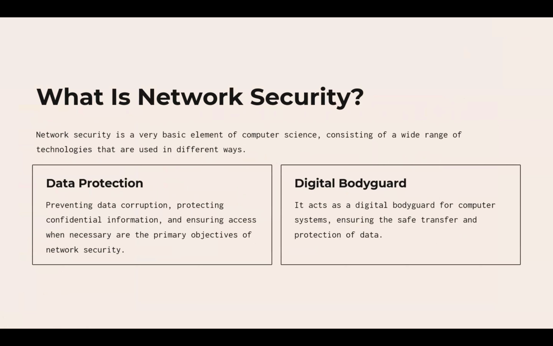Network security is a very basic element of computer science, and it consists of a wide range of technologies that are used in different ways. The two main goals of network security would be, number one, data protection, to prevent breach of data. It acts as a digital bodyguard to ensure the safe transfer of data between the sender and the receiver.